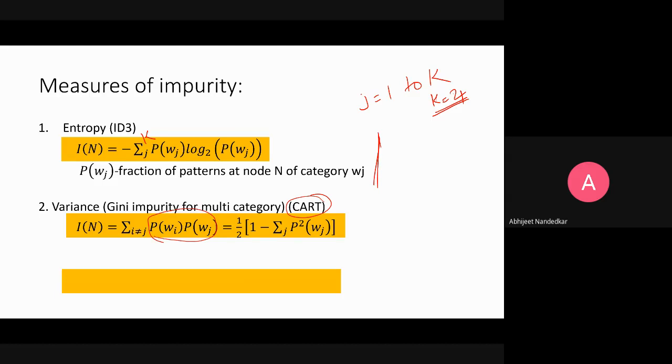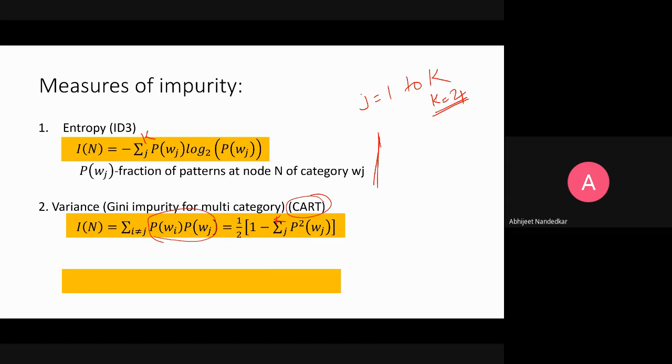So here there are two probabilities, probability of omega i into probability of omega j, where i is not equal to j. This product is actually the variance or covariance. Now this is equal to 1 minus summation j equal to 1 to capital K of p square, that is, probability of omega j square.